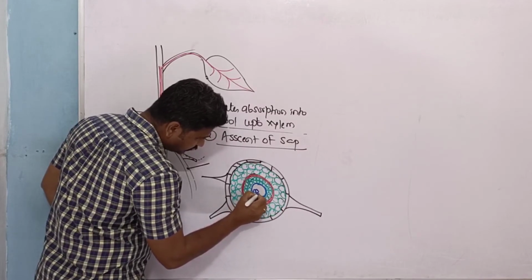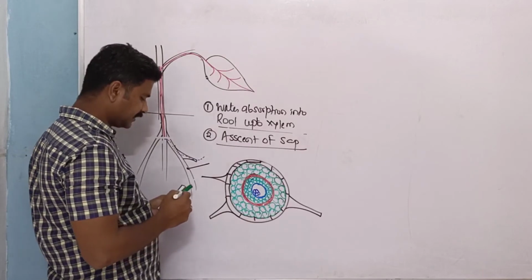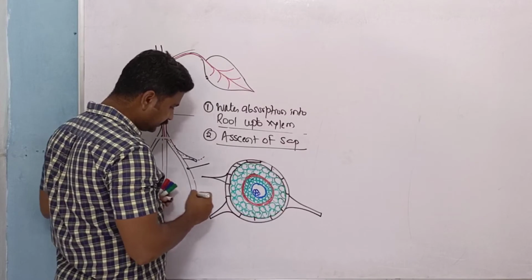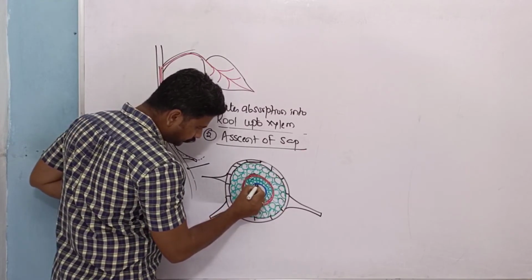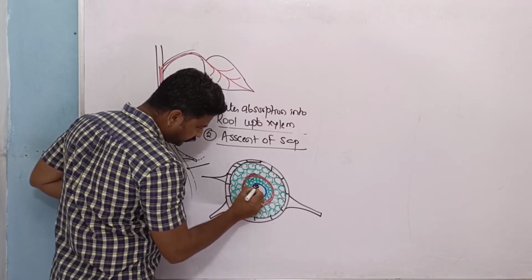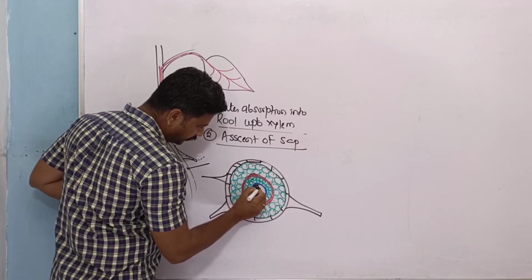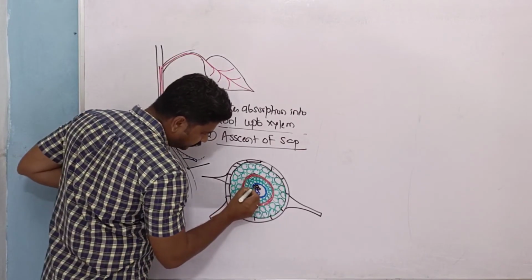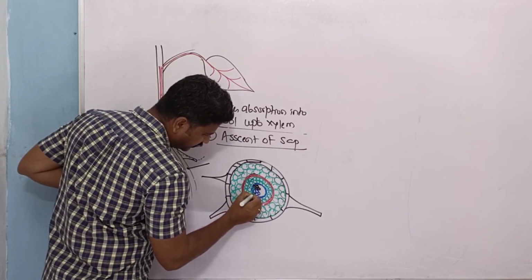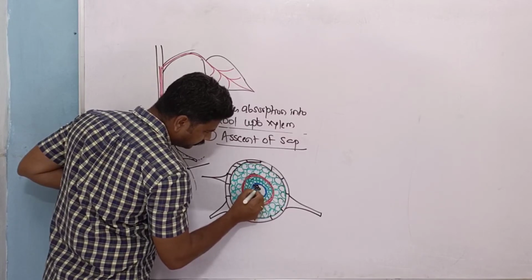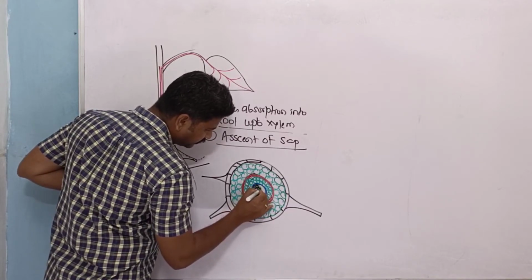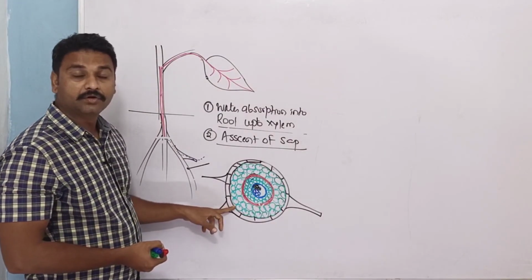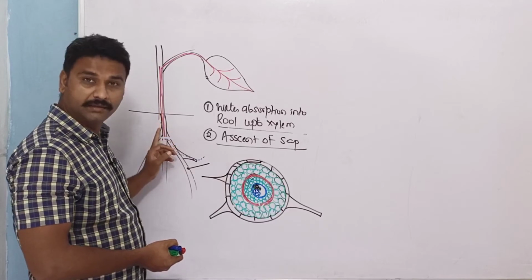So these are the tracheary elements of xylem, and on another radius we can find the phloem. So these are the sieve tubes of phloem. Clear? And they are also having the parenchymatous cells surrounding this xylem and phloem. So this type of structure can be visualized inside the cross section of a particular root.